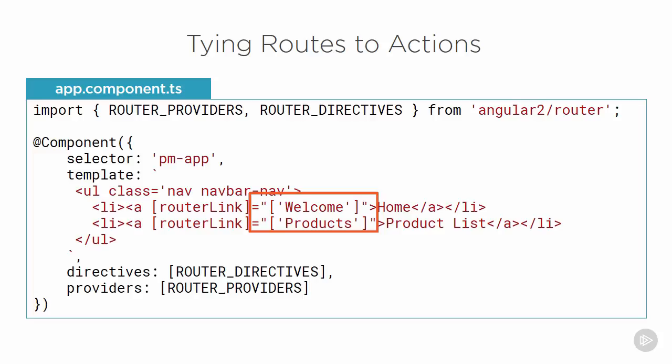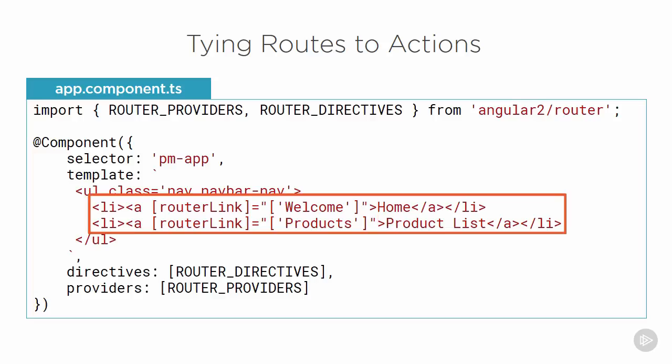Additional elements can be added to this array to specify optional route parameters. We'll see an example of that later in this module. The router uses this array to locate the associated route and build up the appropriate URL based on any provided parameters. When the user selects the option, the associated route is activated.